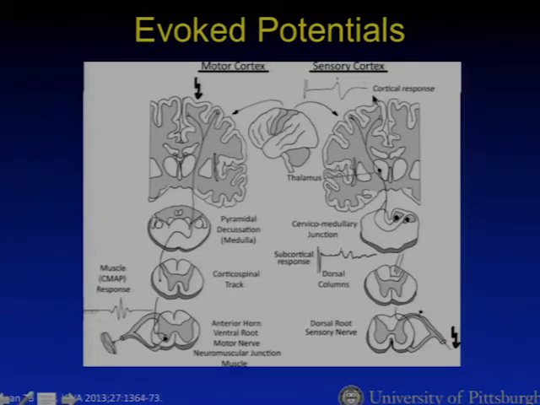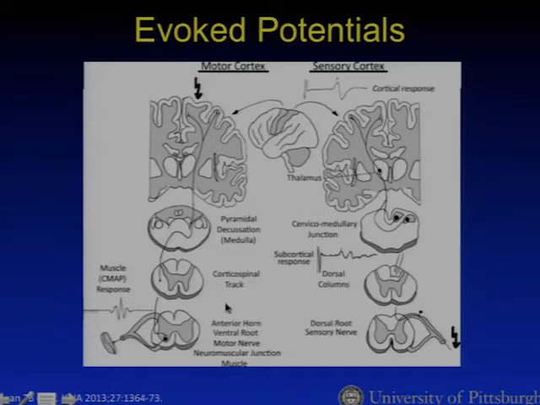Because the cortical SSEP relates to synaptic activity in the sensory cortex, SSEPs are also a good monitor for regional cerebral ischemia, but are also sensitive to anesthetic agents and changes in physiology.